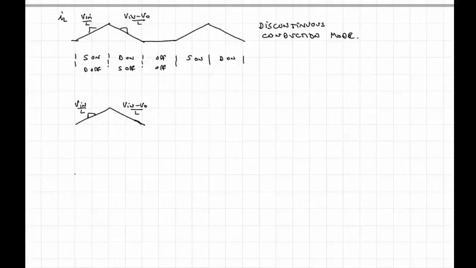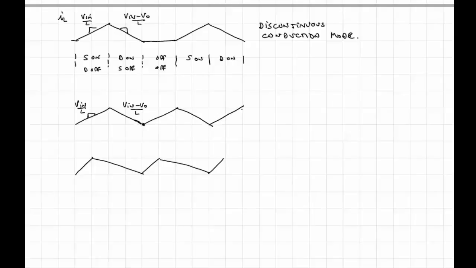In other words, it may look like something like this. That's totally appropriate. Or it could look the other way, where a lower slope initially and a sharper slope on the fall.